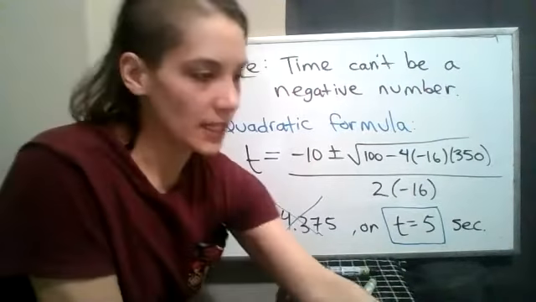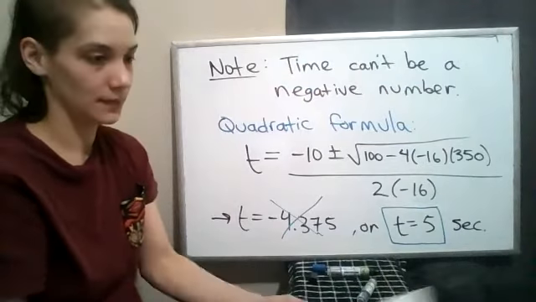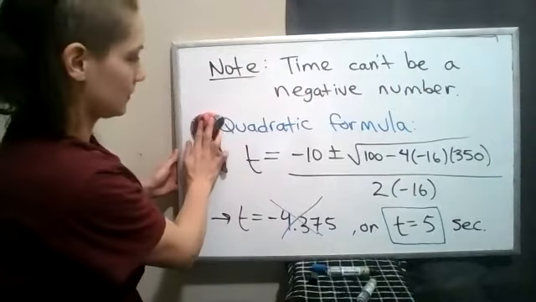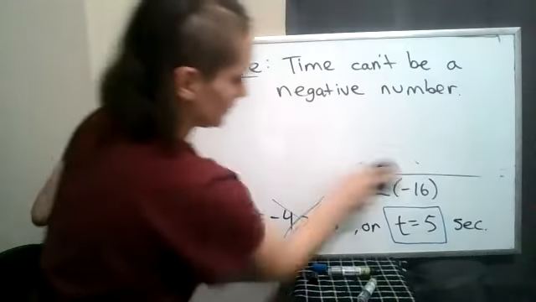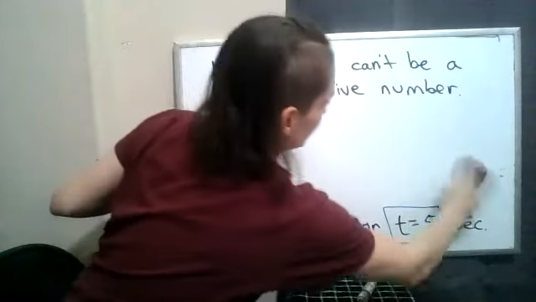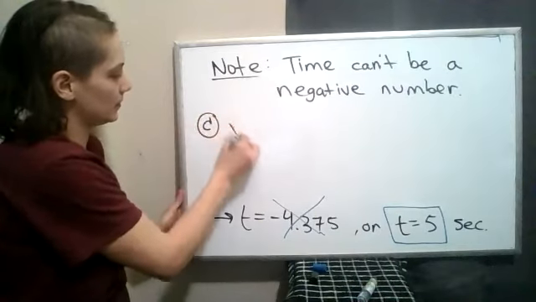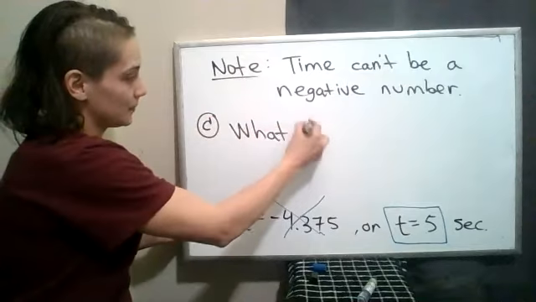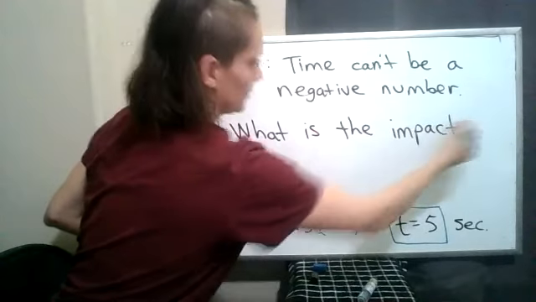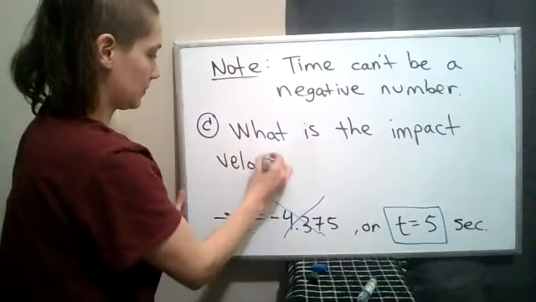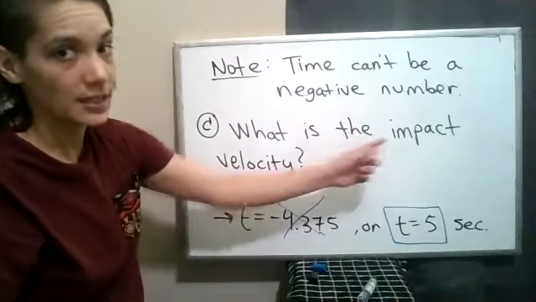Last part. What is the impact velocity? So the velocity at the time when the rock hits the ground, at the time of impact.